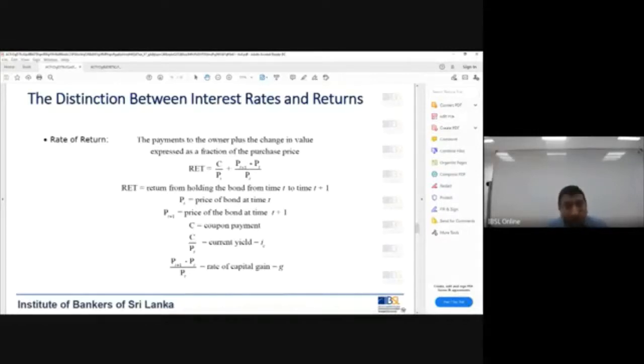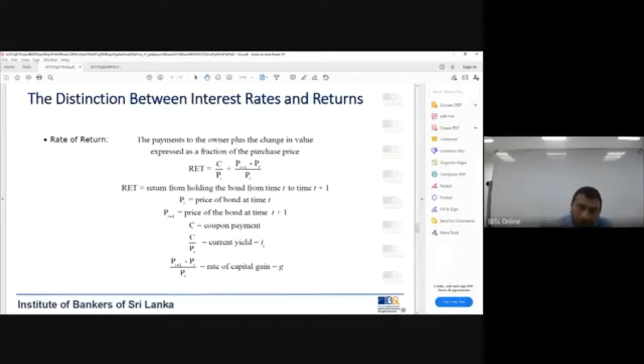So you come in at time T and sell this at time T plus 1, let's say 1 year from now. So then you have either accumulated or decumulated, if not reduced. So it could happen, right? So most of the time you try to sell this when there's a price accumulation. So price accumulation or price increase happens when the interest rate structure decreases.